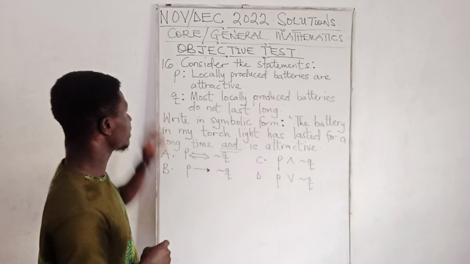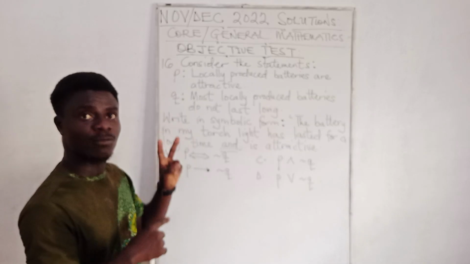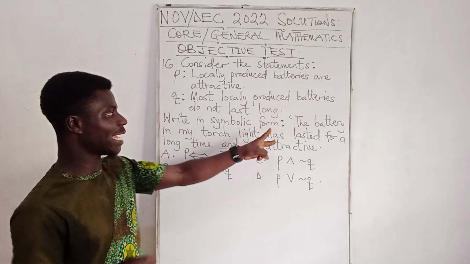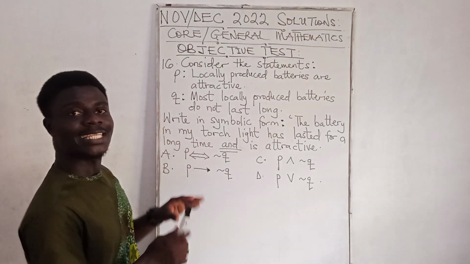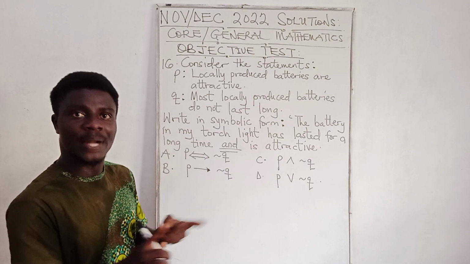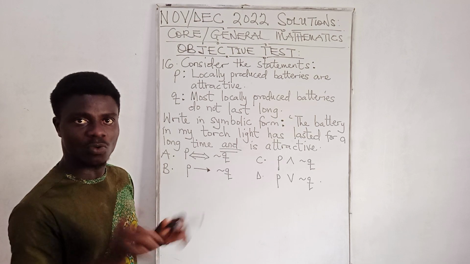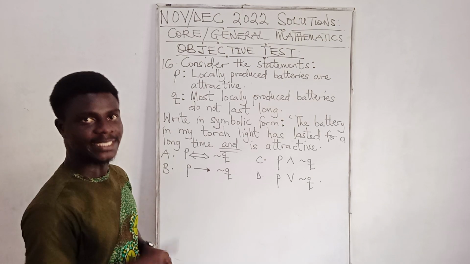Initially, we have two statements, and this time around we have only one statement, which means that statement P and statement Q have been combined to get one single statement using the conjunction word and.